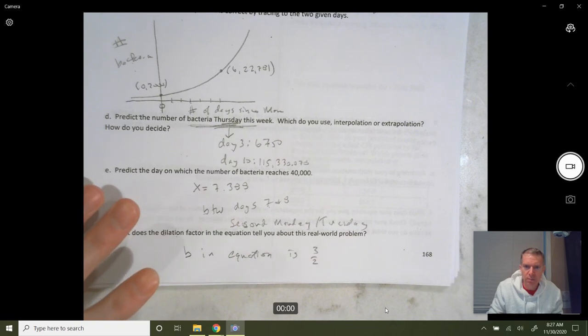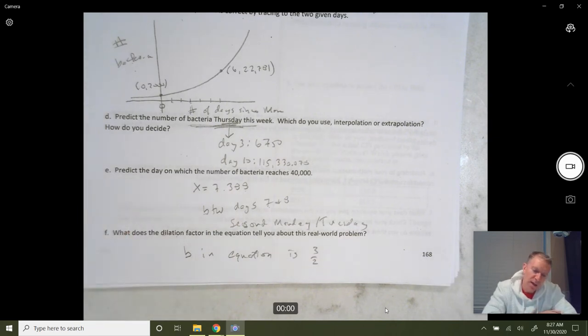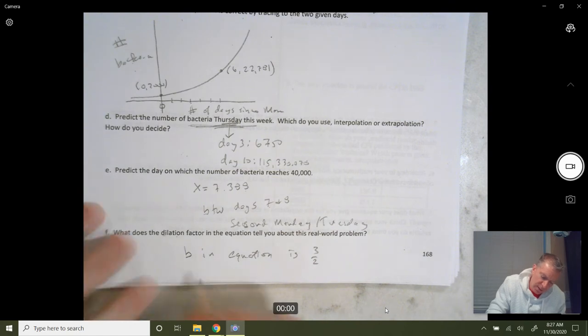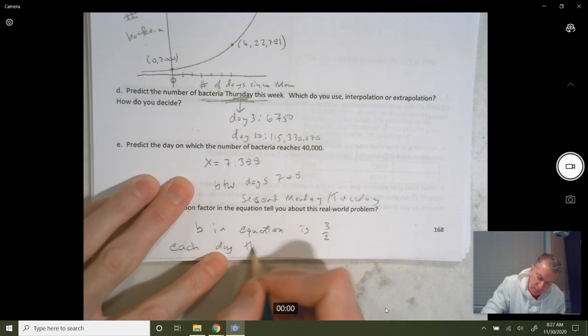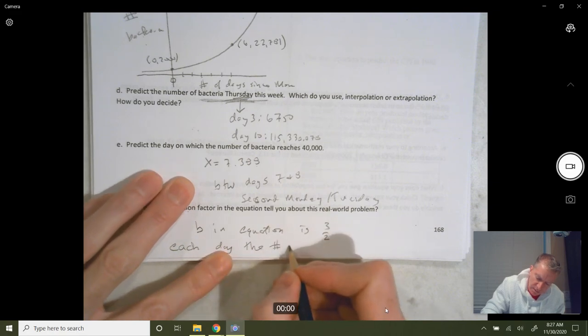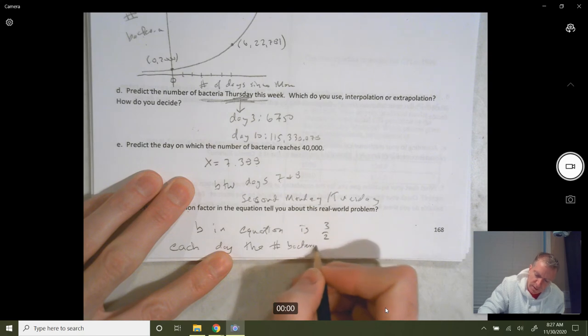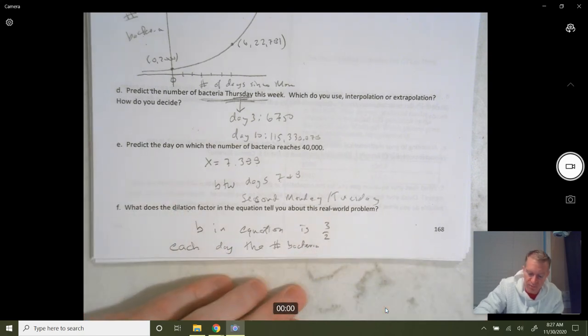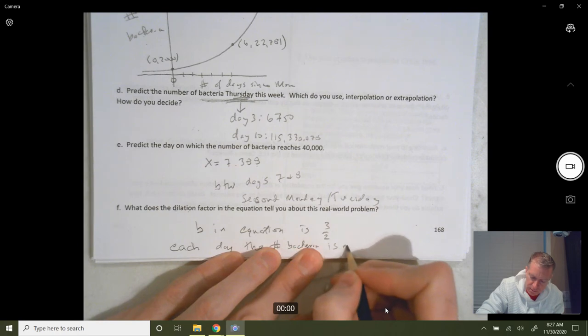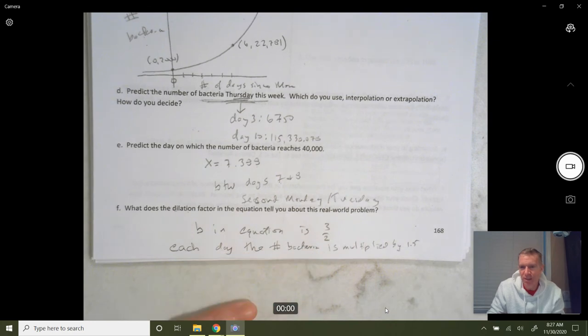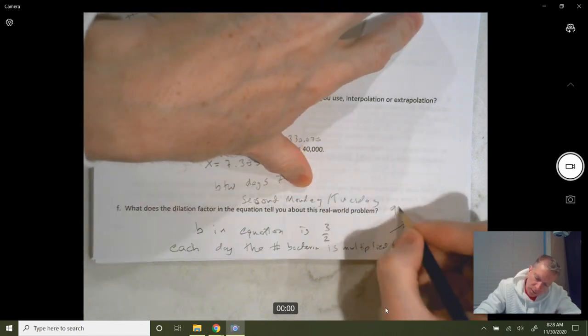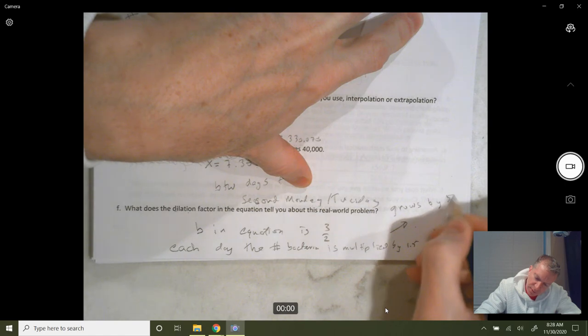So that basically means each day the number of bacteria is multiplied by 1.5, which means if you had a certain amount, you multiply by 1.5, it's growing by 50% each day. Okay, so it grows by 50% each day.